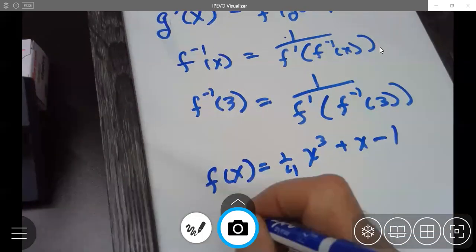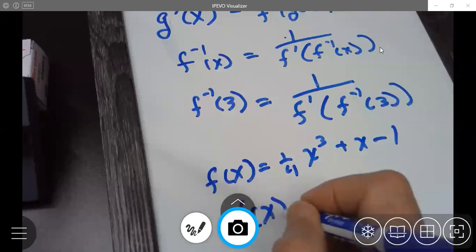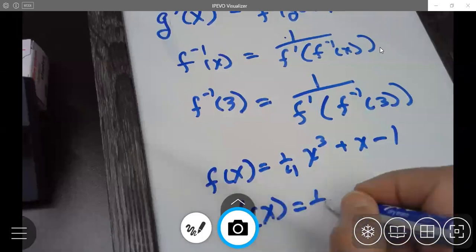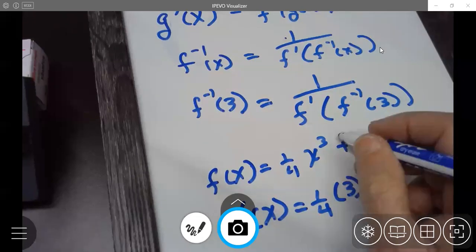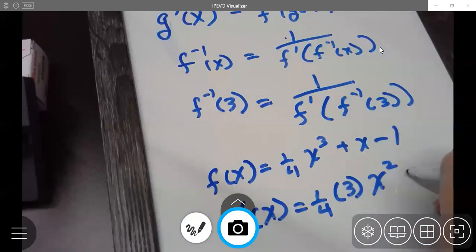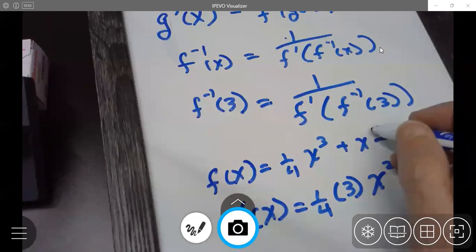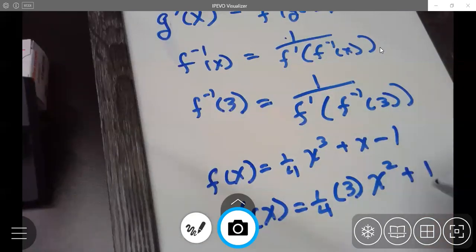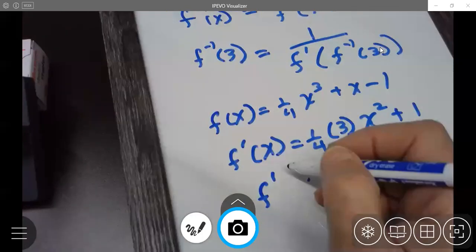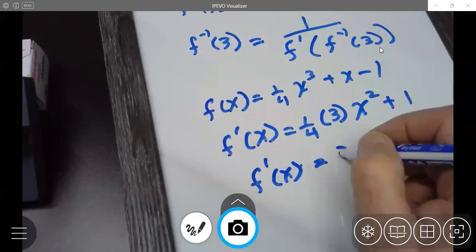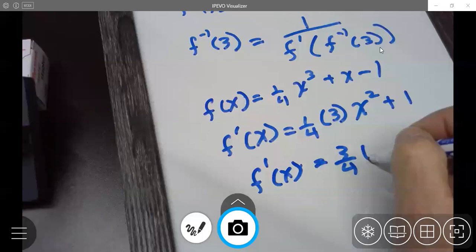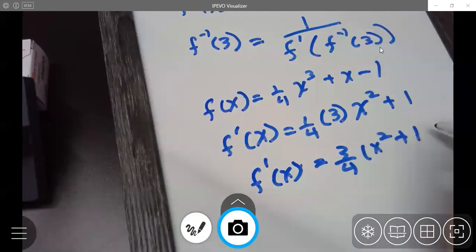And so the derivative of that would be 1/4, bring the 3 down, 3 minus 1 would be x squared, and 1 minus 1 is just 1, and then the constant goes to 0. So the derivative is going to be 3 over 4 x squared plus 1.